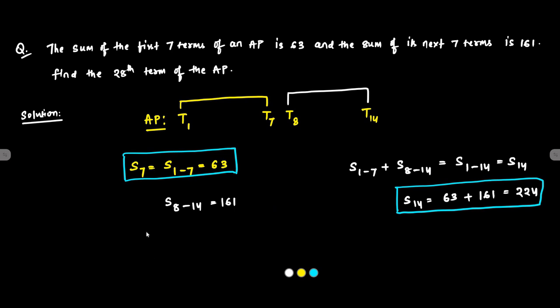So if we write it in terms of the first term and the common difference, let's say that for this given AP we have the first term equal to a and the common difference be d.